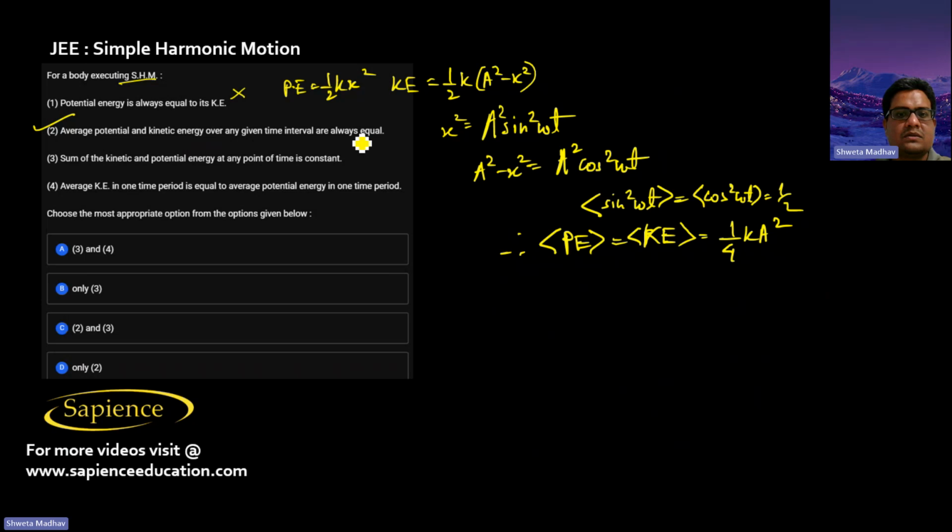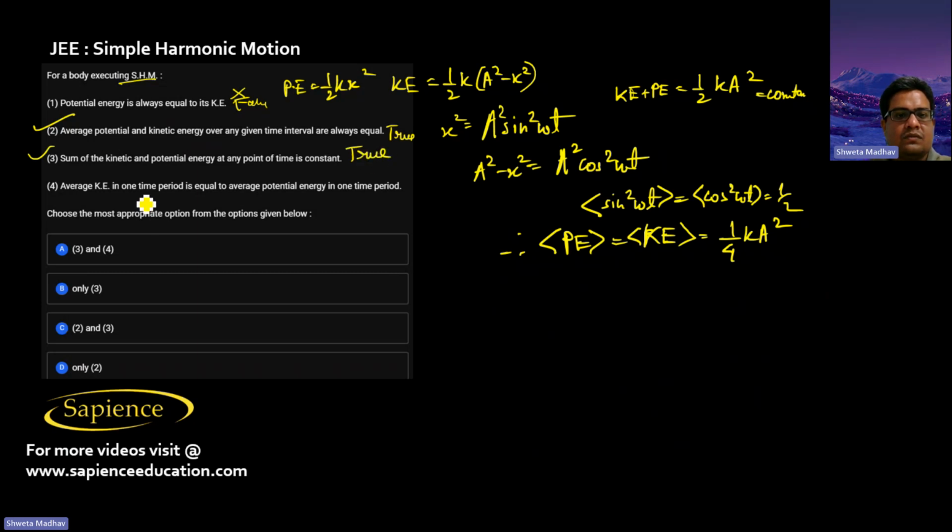So the second statement is true, the first one is false, and the third is: the sum of the kinetic and potential energy at any point of time is constant. Yeah, that is obviously true, since kinetic energy plus potential energy is equal to half k a squared always, which is a constant. So the third one is also true.